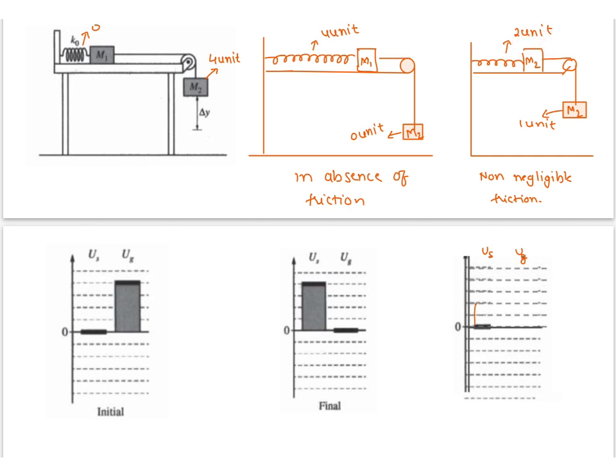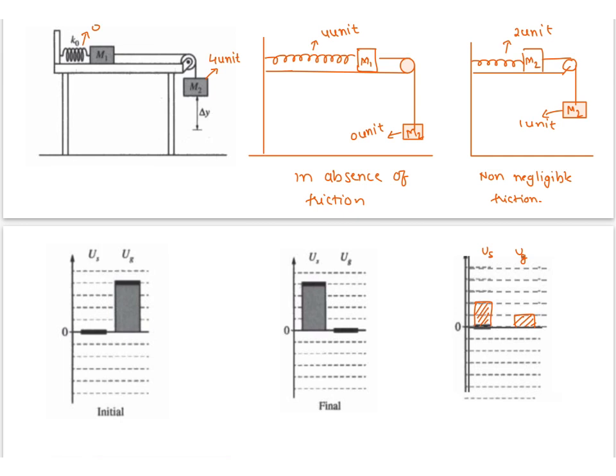So now potential energy of spring will be 2 units, right? Just because of friction, this block was not able to move towards right by the distance it has moved earlier. And also, this block M2 will not lose all its potential energy as it has lost in the absence of friction. So now this block will also have some energy, and therefore I am representing it by 1 unit.